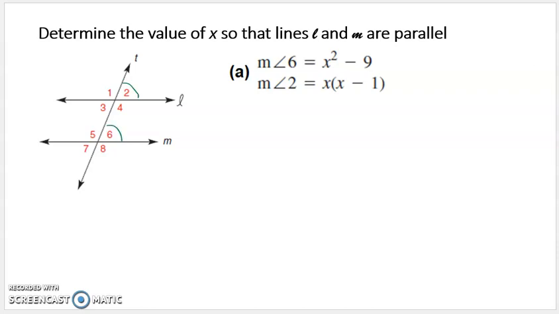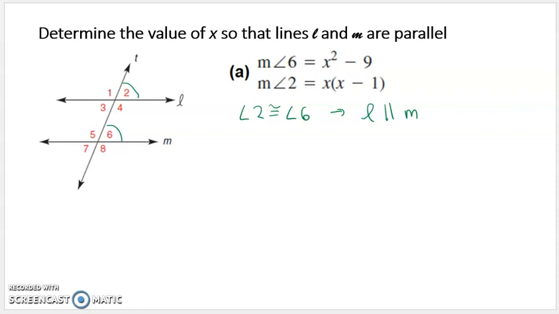Those are corresponding angles. If those corresponding angles are congruent, then I would know that L and M must be parallel. So if angle 2 is congruent to angle 6, then I know that L is parallel to M.